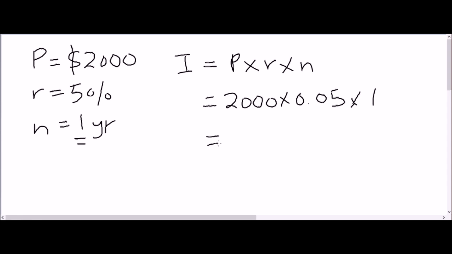So if you multiply 2,000 by 0.05 multiplied by 1, the answer you get is 100, right? And it'll be in dollars, right? So $100 is the simple interest that will be charged or paid at the end of the first year of the loan, right? Or year 1.